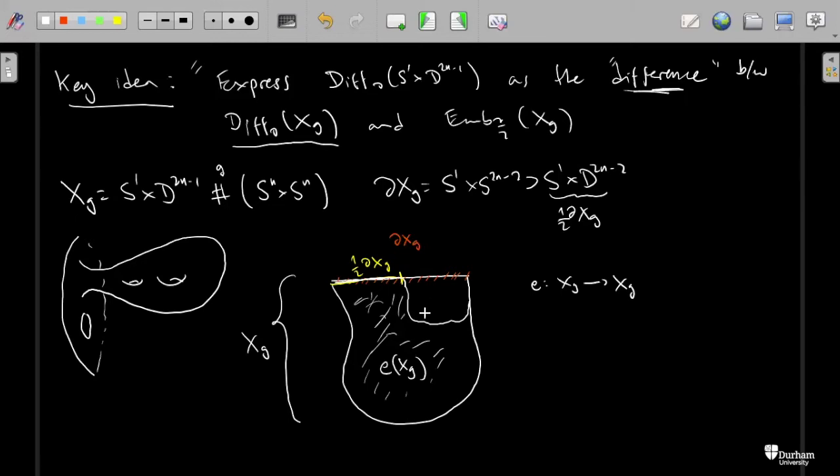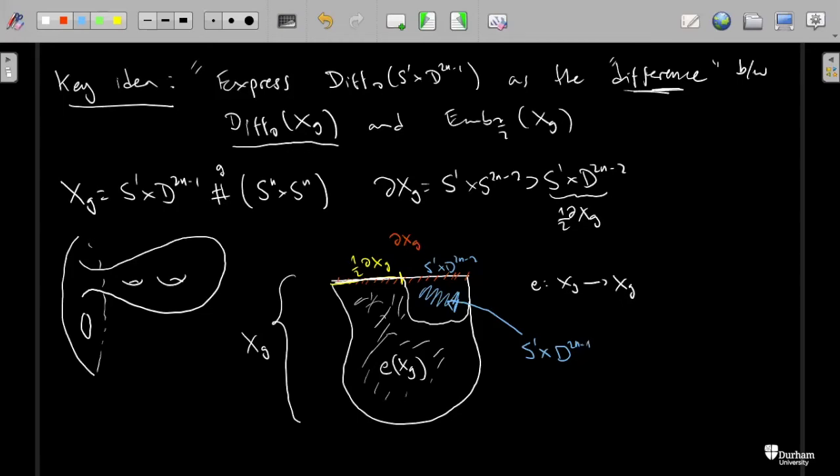Now, if you analyze what is left, this complement here, this blue part, well, I guess you have to check, but the difference is essentially a copy of S^1 cross the other part of the boundary, which is again S^1 × D^{2n-2}, and you get one additional coordinate here.